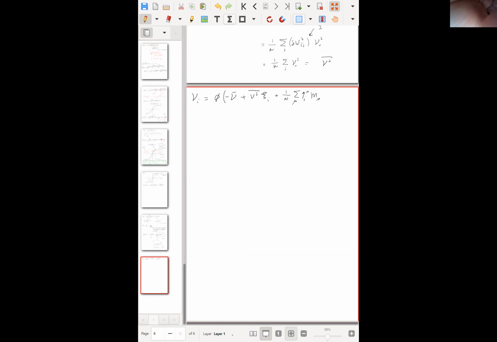Where as usual, m mu is equal to 1 over n, the sum on j of eta j mu nu j. And there is no 1 over n.